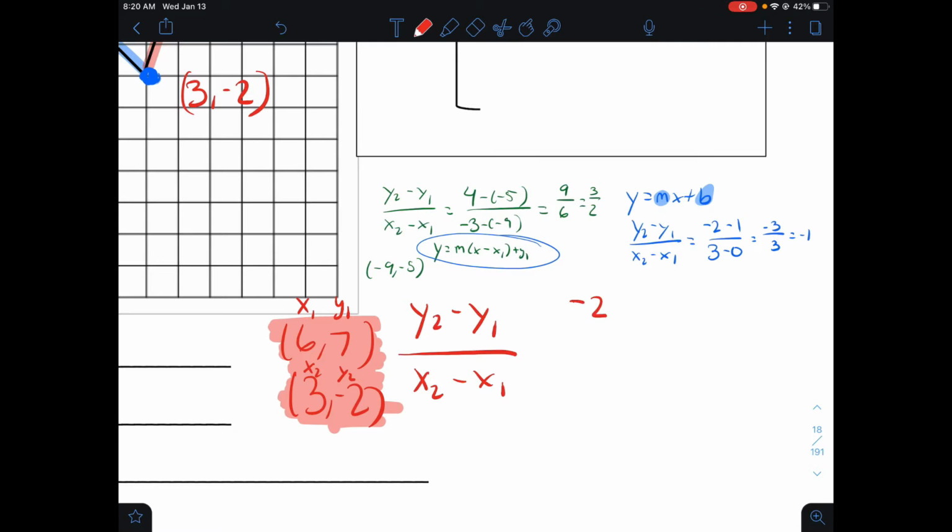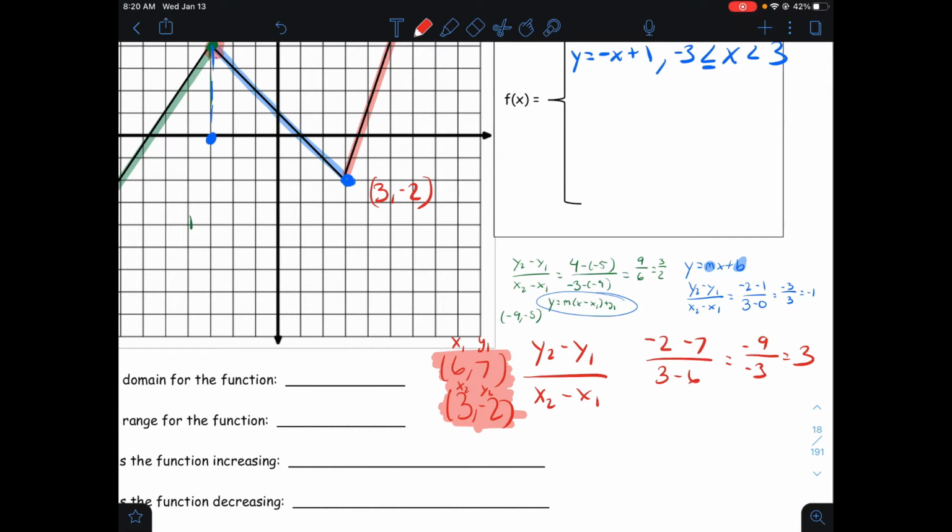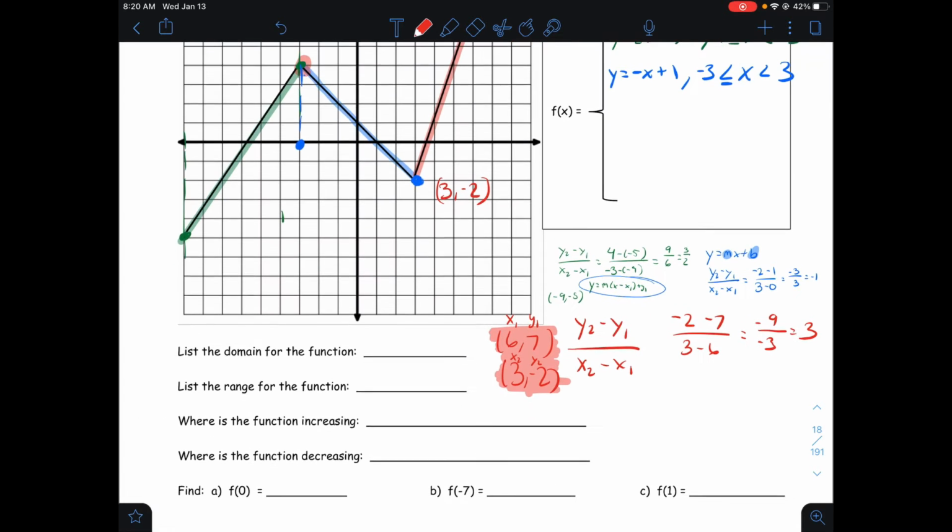So we get negative 2 minus 7 all over 3 minus 6. We get negative 9 over negative 3, which is going to give us a positive 3 slope. All right, and that appears to check out there. So we've got our slope.